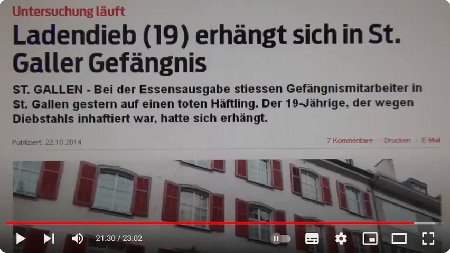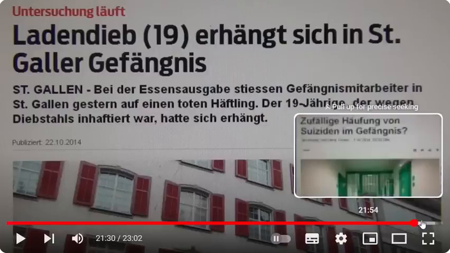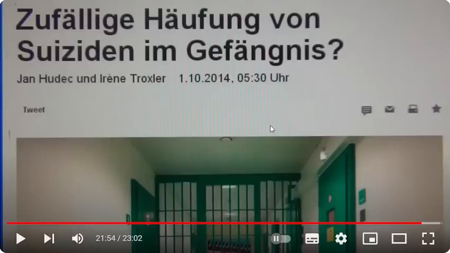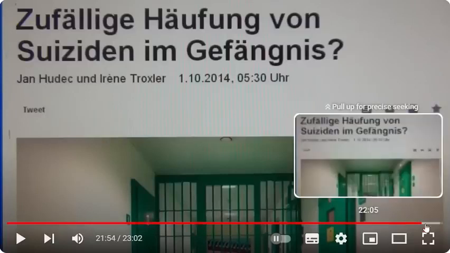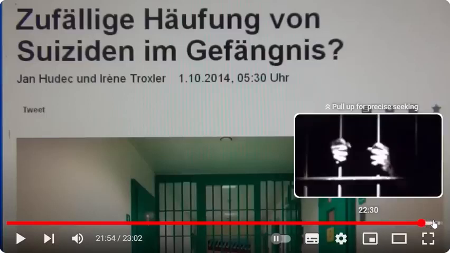So here's another one that got suicided. It says in German, he got hanged, 19 years old only, in St. Gallen. And here is another one from 2014. There's a lot of suicides. It's getting very suspicious, it says, almost.